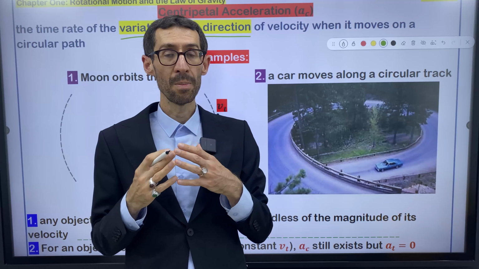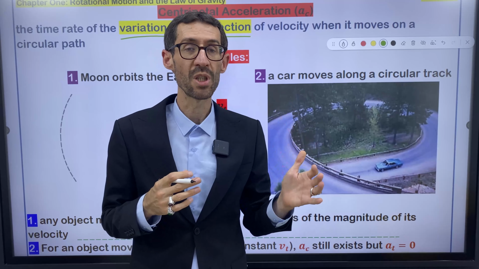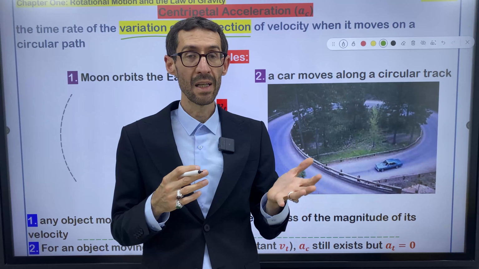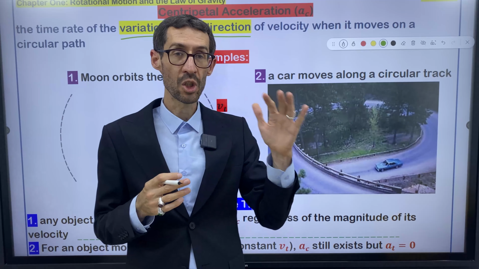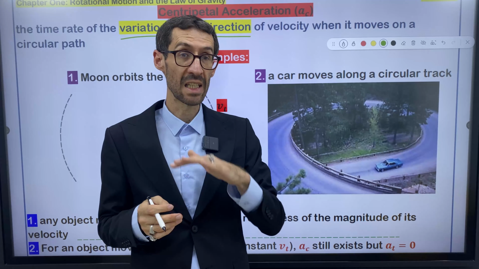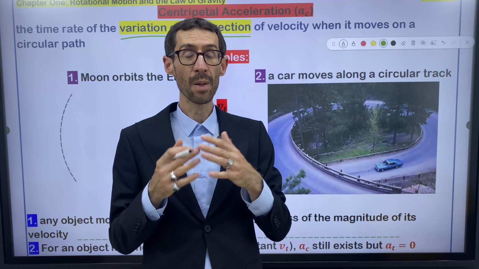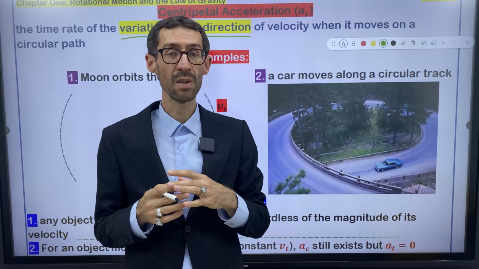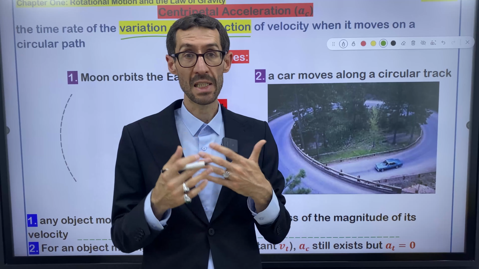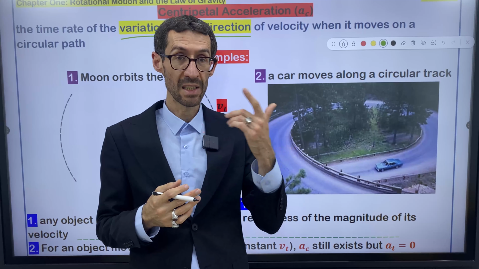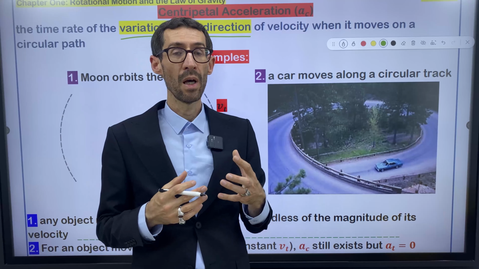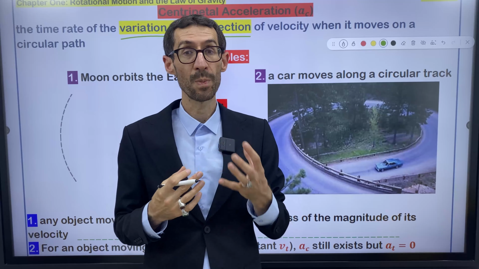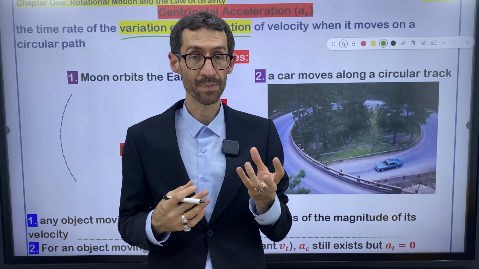Because the object moves around the circle, it changes its direction continuously, right? Any object along a circular track changes its direction continuously. That's why it picks up centripetal acceleration automatically, right?